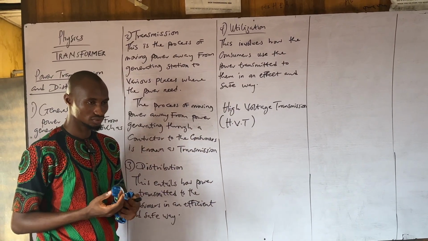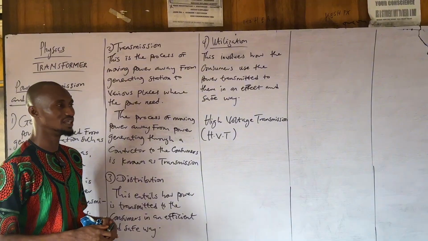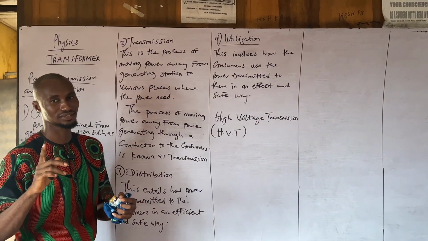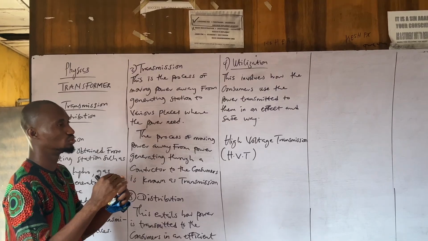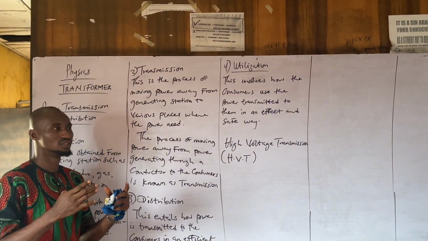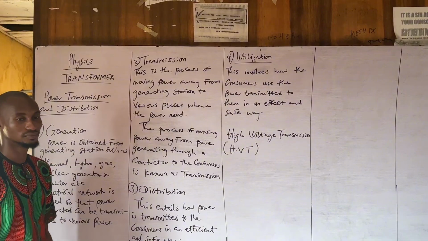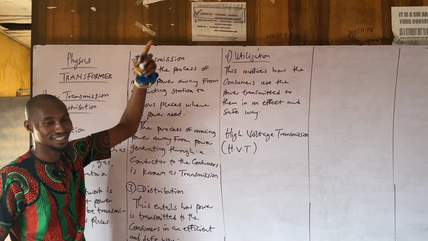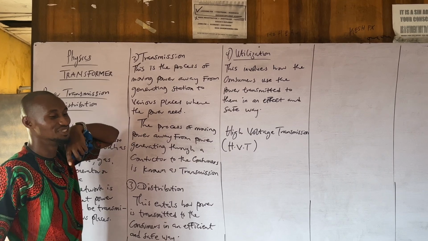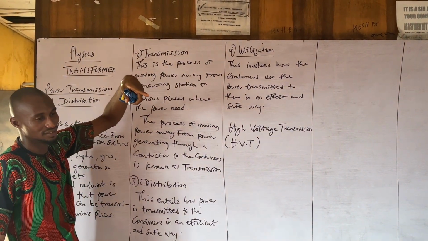We need a step-down transformer to control the power transmission. In Nigeria, we hear NEPA, and then we also hear low current.